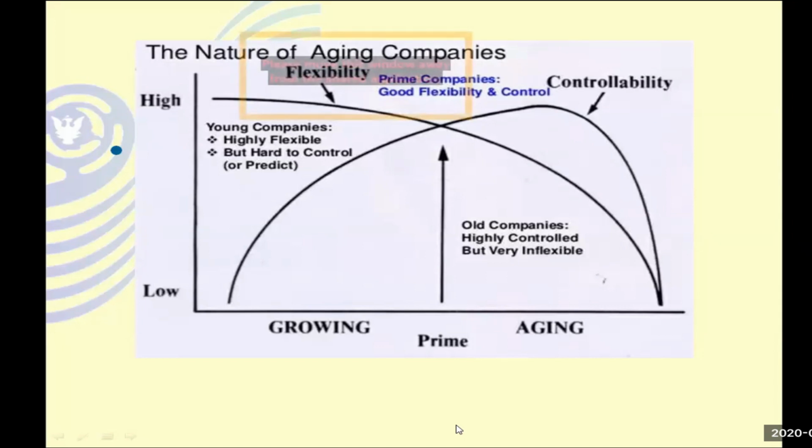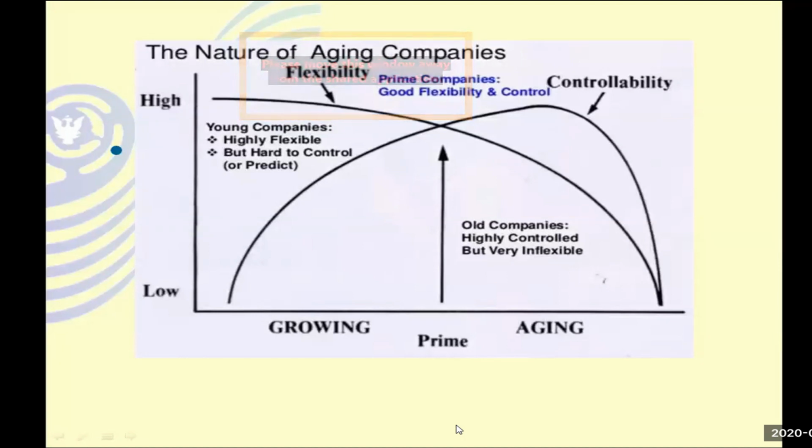Now, as the farm grows, flexibility and controllability is very important. When the farm is growing, it is young, as it is going to prime, controlling is easy, right?